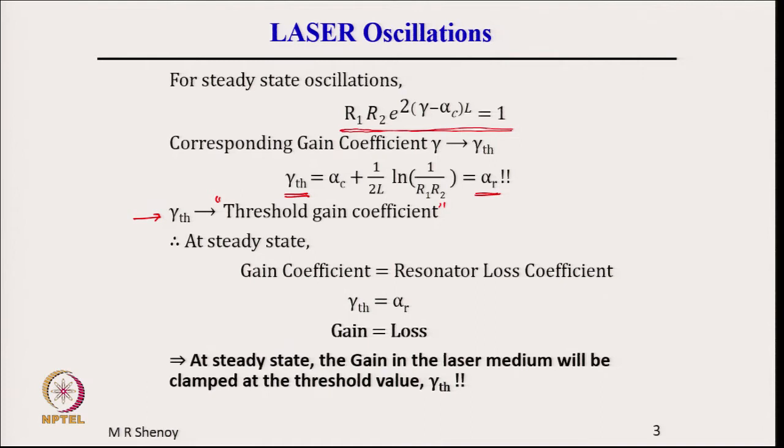We have discussed that no matter what the output power is, when a laser oscillates in steady state, the gain coefficient in the gain medium is clamped to the threshold value, which is equal to the resonator loss coefficient. And therefore, in simple terms, laser dynamics boils down to gain is equal to loss.